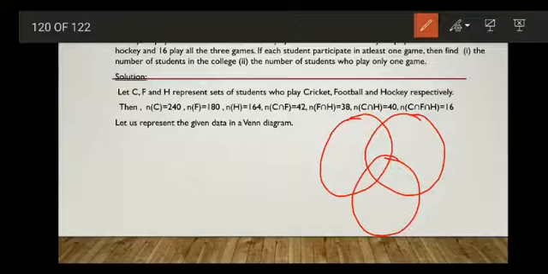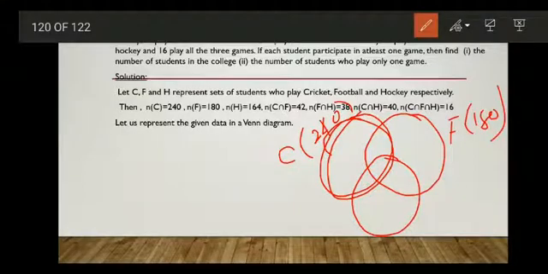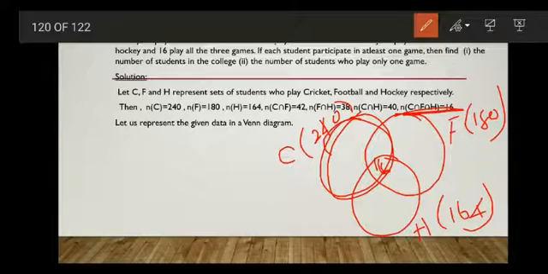C has 240 elements, F has 180 elements, and H has 164 elements. So we first represent n of C intersection F intersection H. This is 16 elements, that is, students who play all three games is 16.